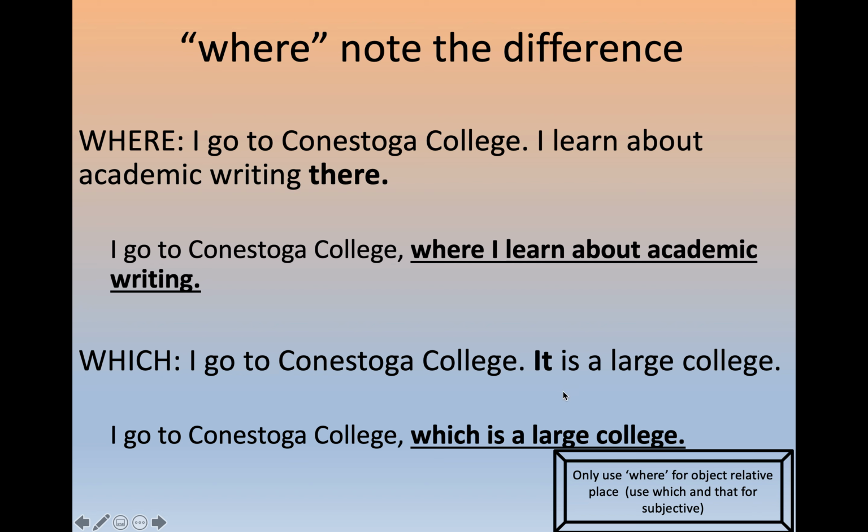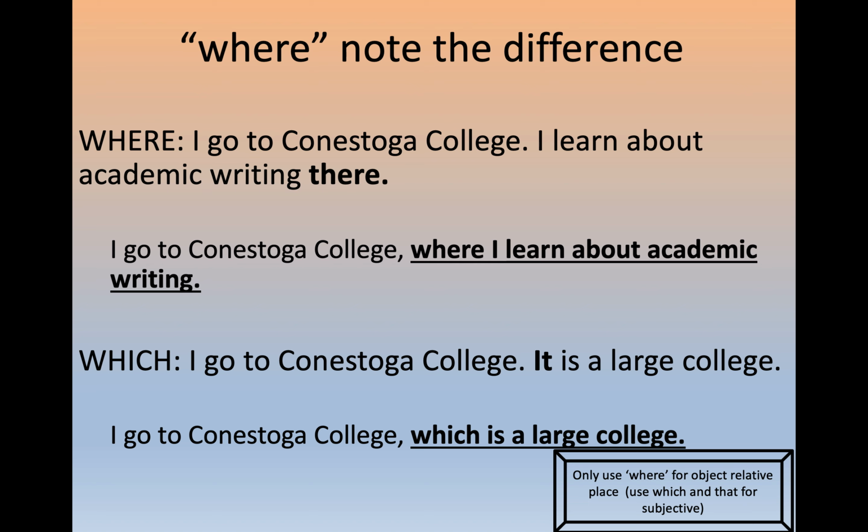There. It. There is in the object part of the sentence, and it is in the subject part of the sentence. You can use where only for object relative place. You should use which if it's subject relative. I hope you see the difference.